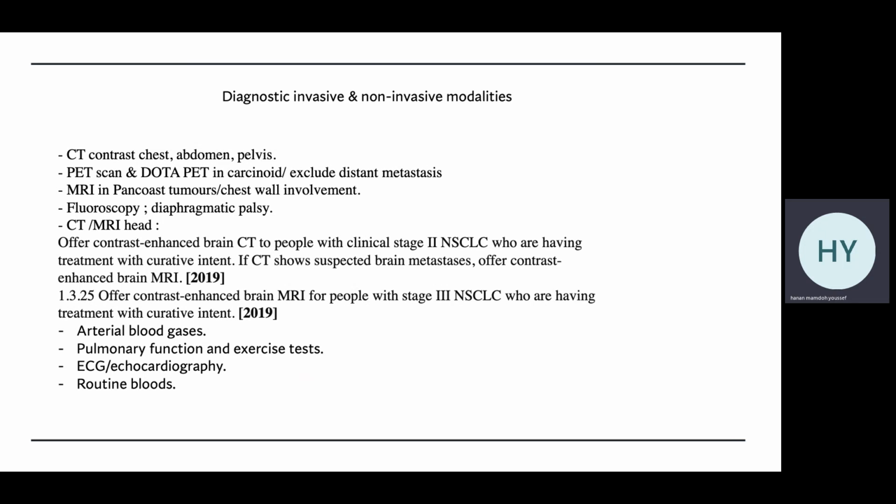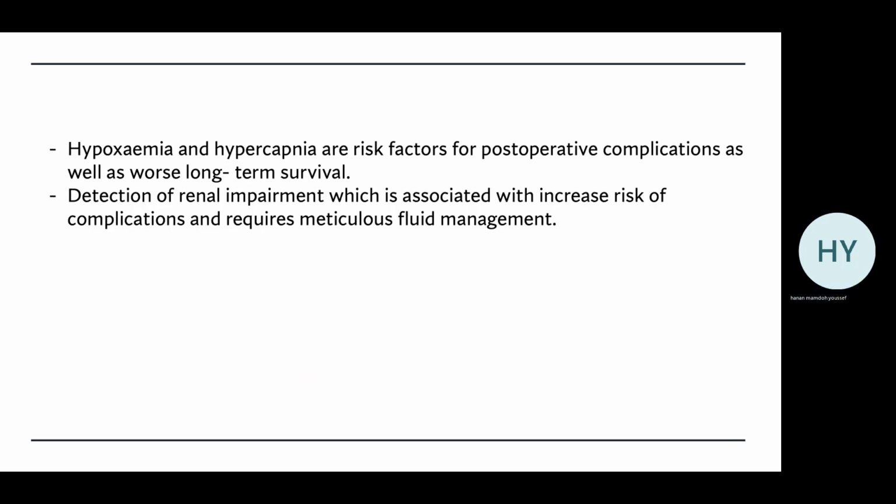Also, we do ABGs, particularly for patients having LVRS, to assess the CO2 and O2 levels, and also pulmonary function and exercise tests, as we described before, ECG and echocardiography in patients who have risk factors or history suggestive of cardiac problems, and the routine bloods.